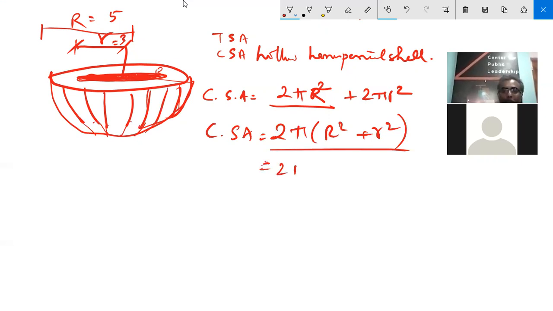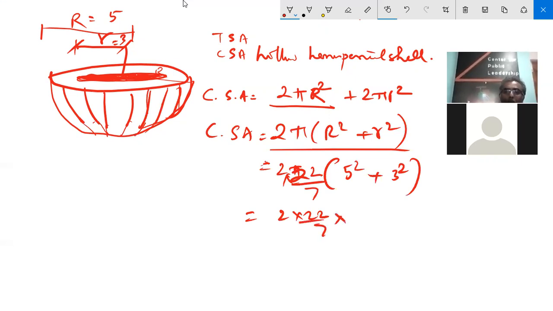CSA therefore is equal to 2 into 22 by 7 into what is R squared? 5 squared. And small r squared? 3 squared. So 2 into 22 by 7 into 5 squared is 25, 3 squared is 9. So that is equal to 44 by 7 into 34.